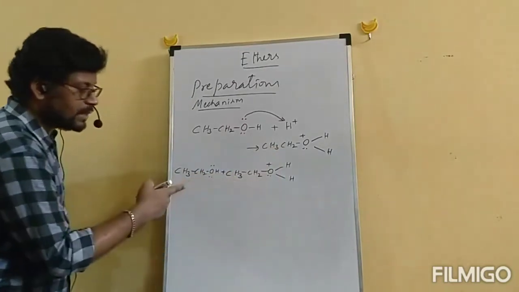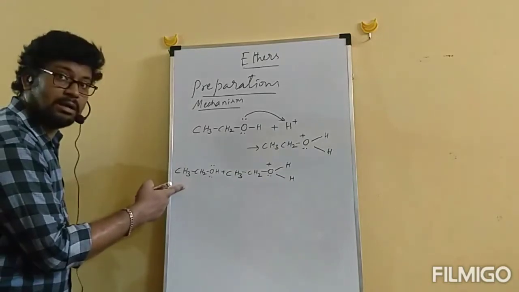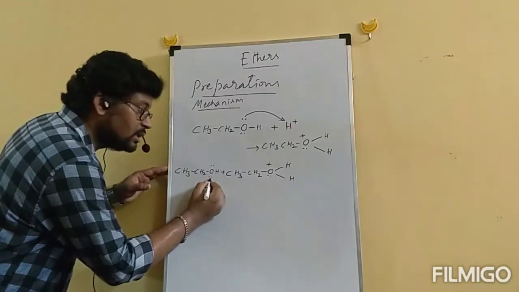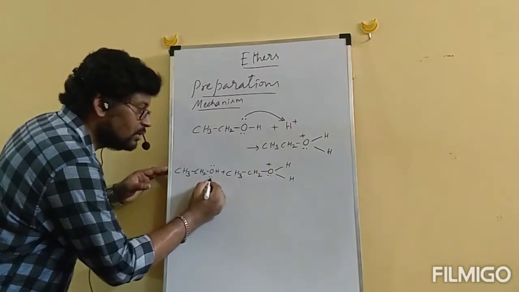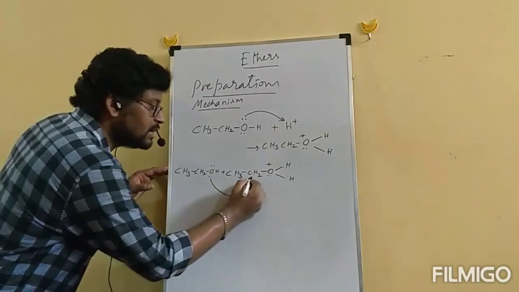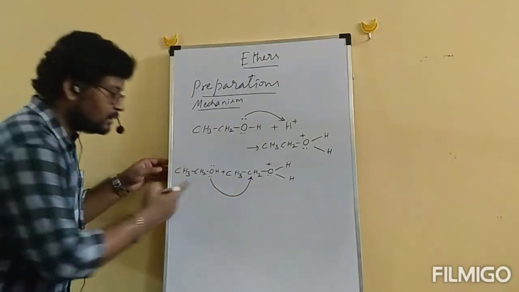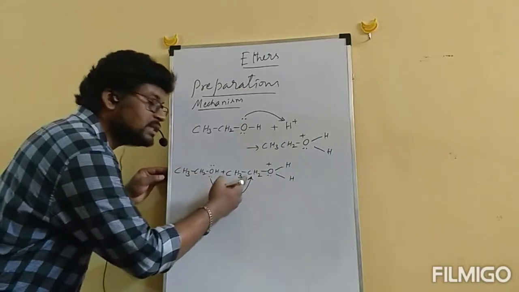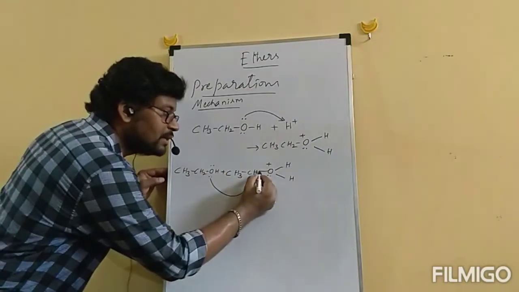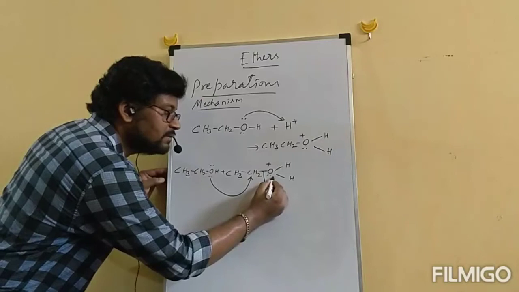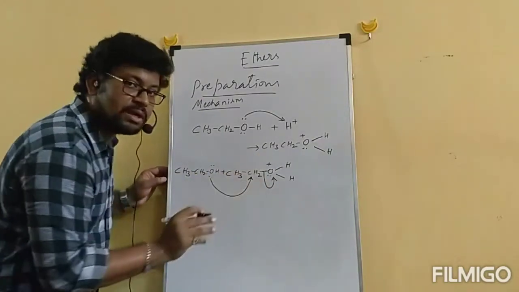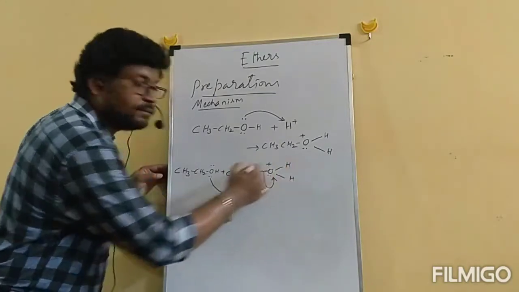This one is going to be attacked by one more mole of alcohol, in which this lone pair of oxygen is going to donate to this carbon. This lone pair of electrons present on oxygen is going to donate to this carbon. At that time, this carbon-oxygen bond is cleaved to O. We will get this positive charge neutralized to get water.